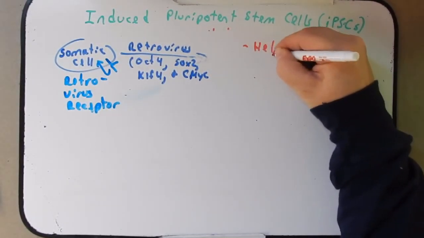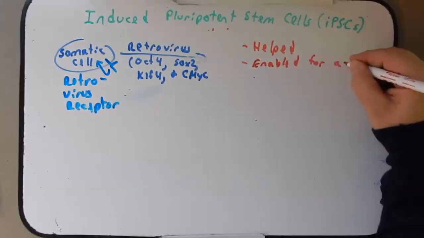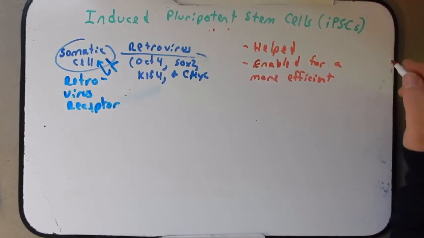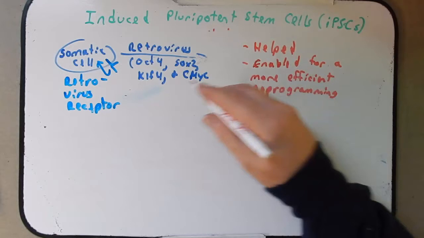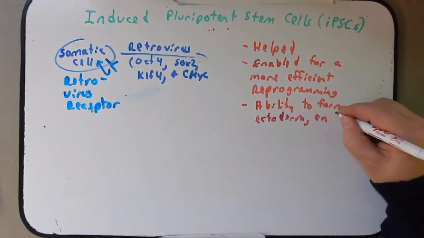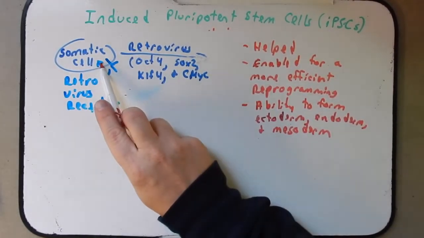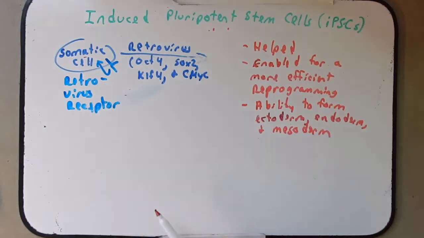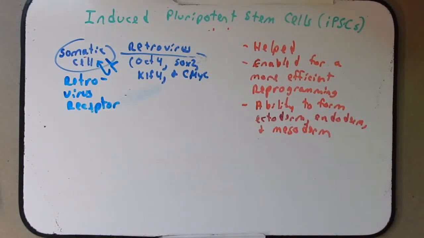This turns out to have helped quite a bit, and this enabled a more efficient reprogramming. We also saw, using this method, the ability to form ectoderm, endoderm, and mesoderm. So having this receptor allowed this retrovirus more efficient access to the somatic cell. It allowed for a better reprogramming of the genome, and as a result, this cell would divide and differentiate.